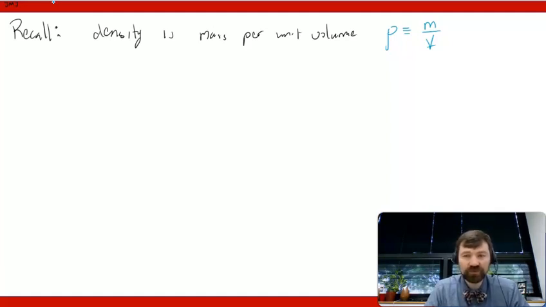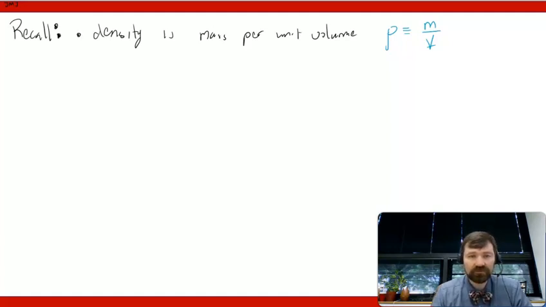Solid and liquid we mostly treat as having a constant density for a given material. And again, that can be changed if the material is compressible, but that's neither here nor there for today's video's purposes.